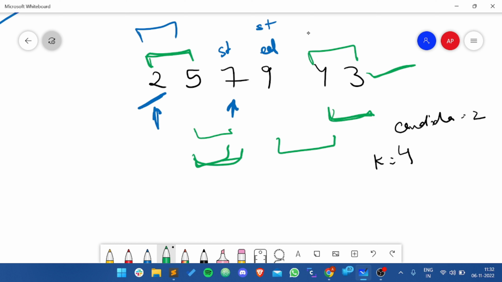And ed will be this one, and st is this one. Now ed is less than st, so there is no point in using that.